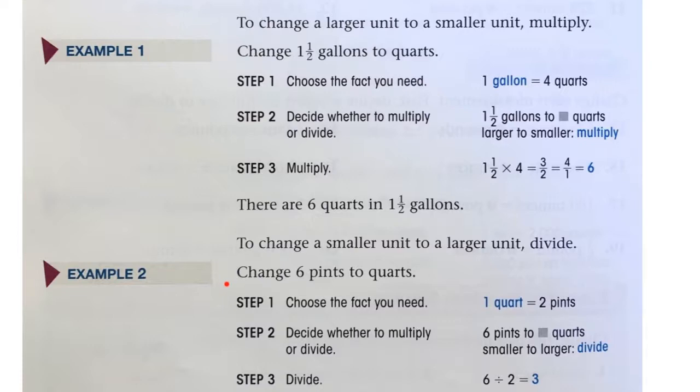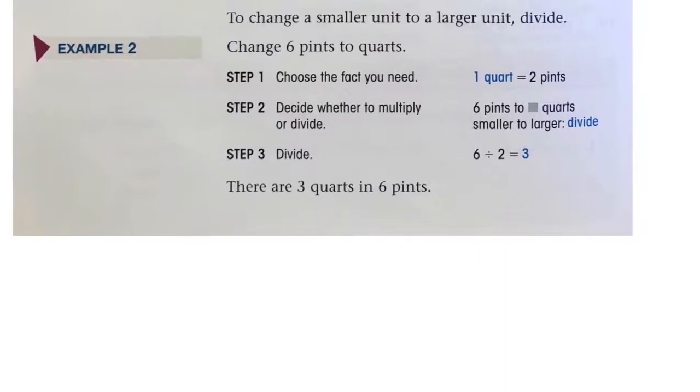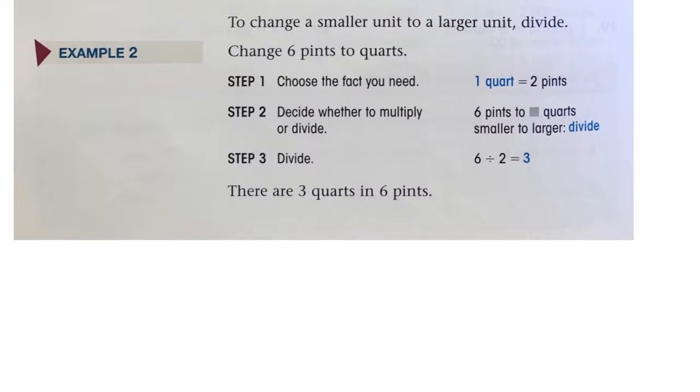Change 6 pints to quarts. Step 1, choose the fact you need. 1 quart is equal to 2 pints. We're working with pints to quarts, so that's the amounts we need to compare to each other.